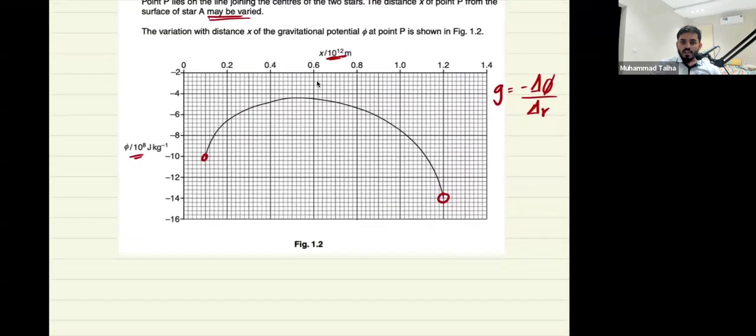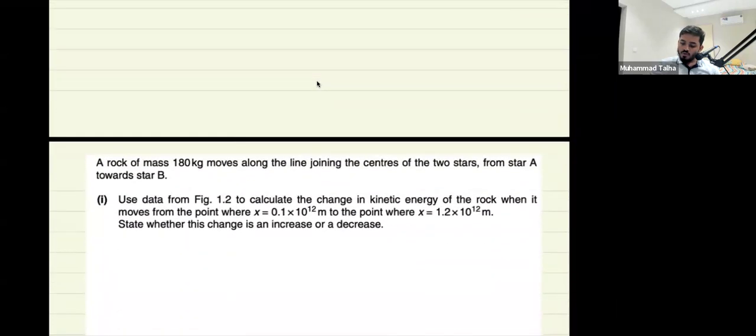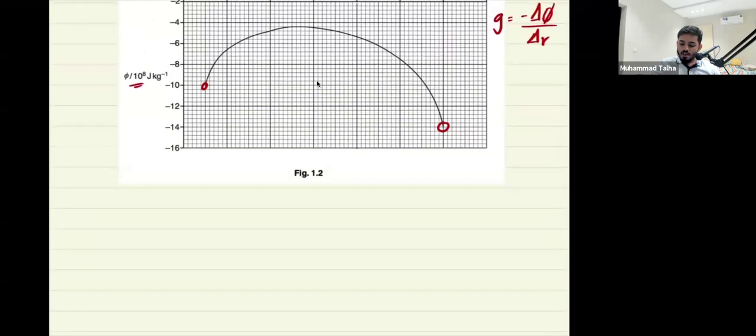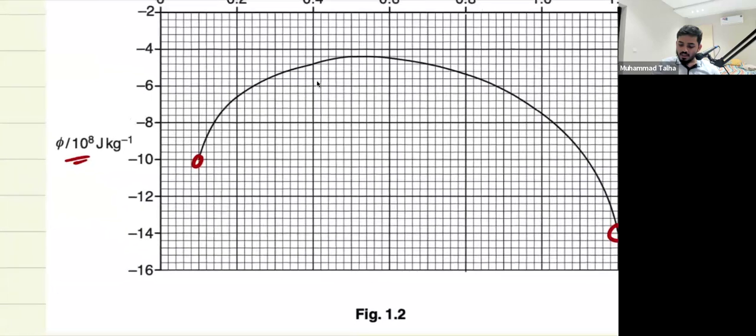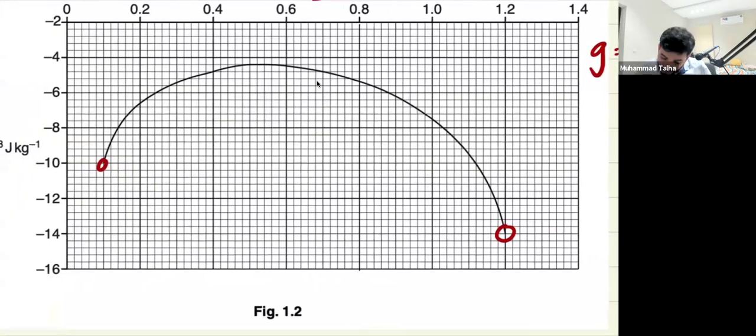So again, this is not really very difficult. We need to find the change in kinetic energy. The change in kinetic energy would numerically be equal to the change in the gravitational potential energy, which we can find as m delta phi, right? So phi here is minus 10, and this is minus 14.